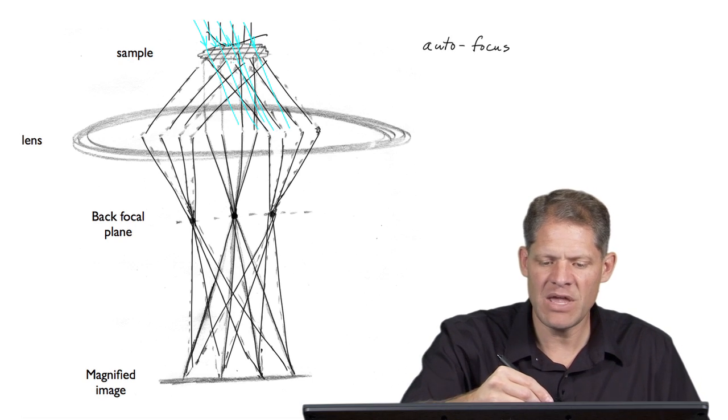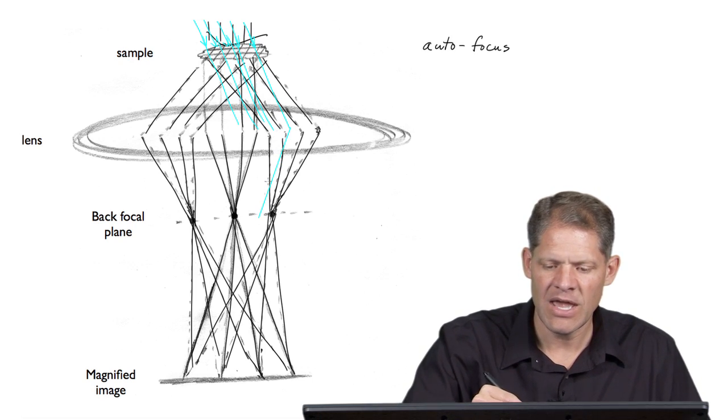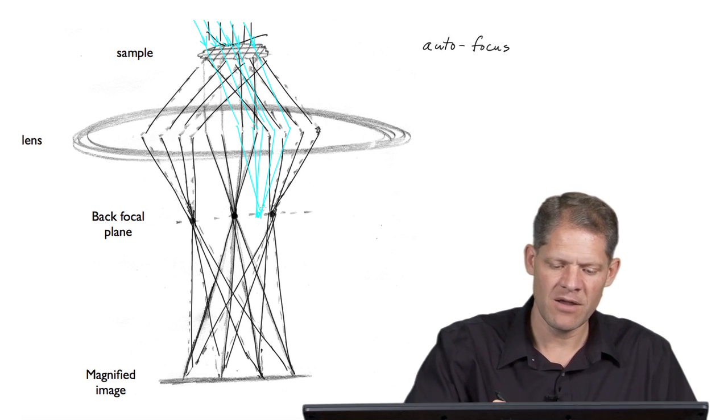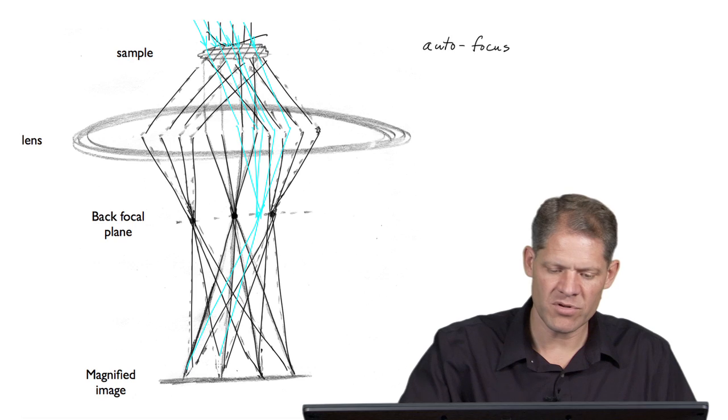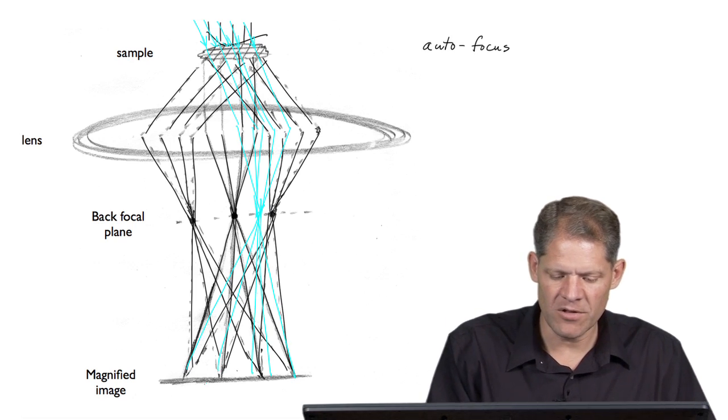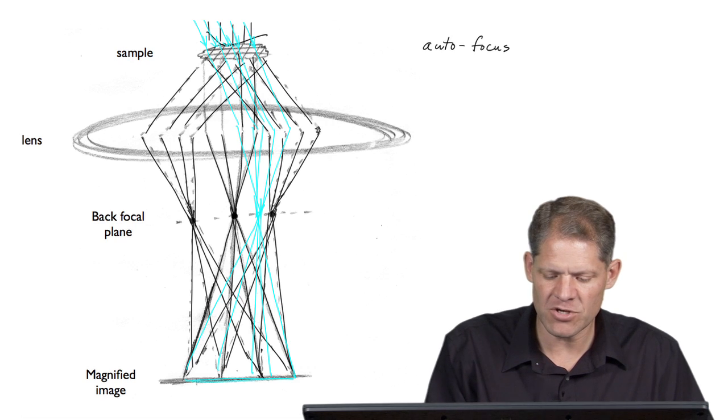And that unscattered beam, because of the lens, would be focused into a position, let's say over here on the back focal plane. And from there it would proceed to once again fill this region of the image.